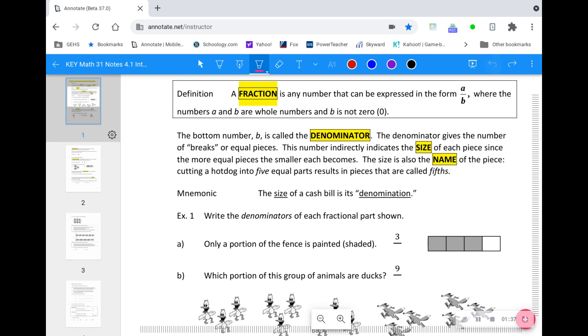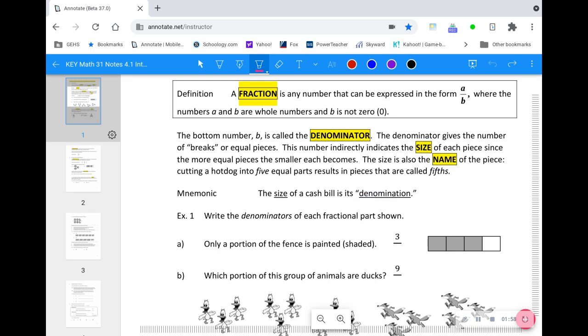The denomination is fifths. You're going to put a 5 underneath the fraction bar to indicate that you cut the original object into 5 equal parts.